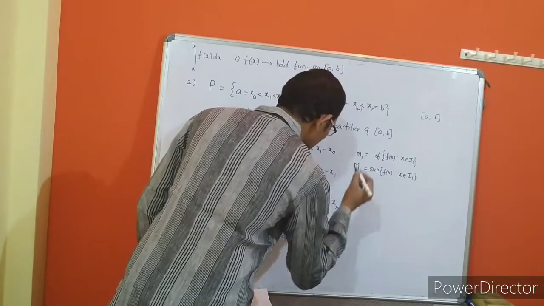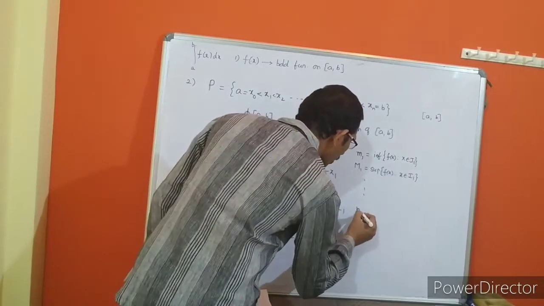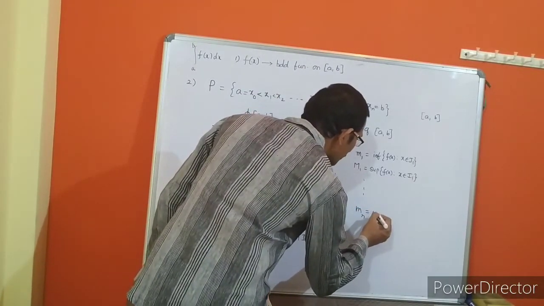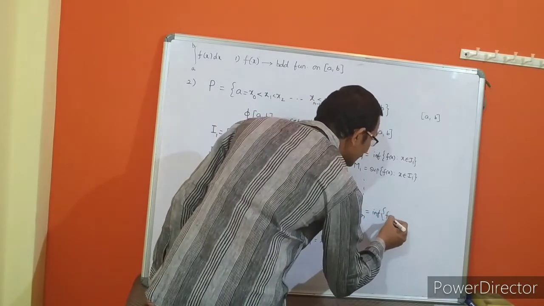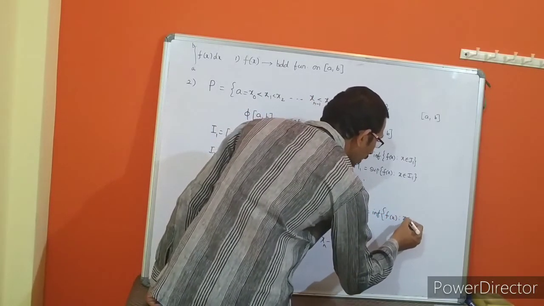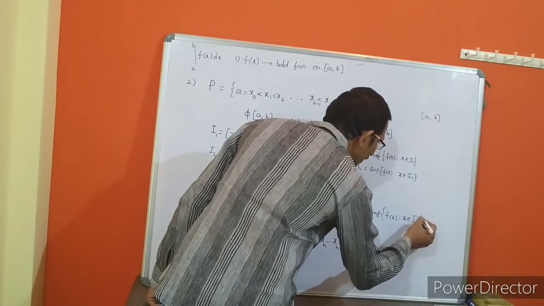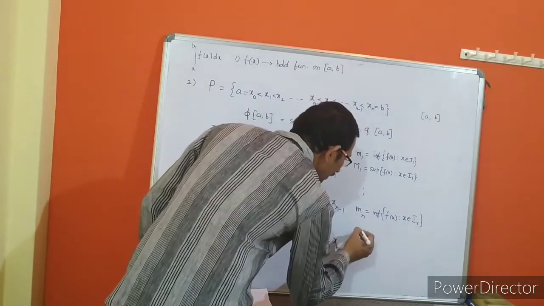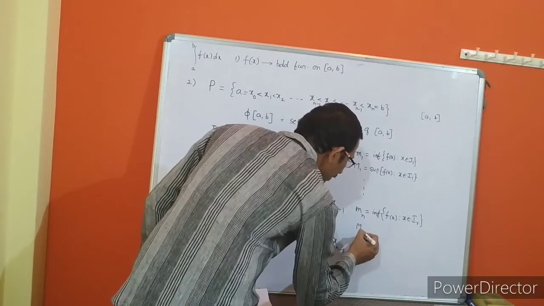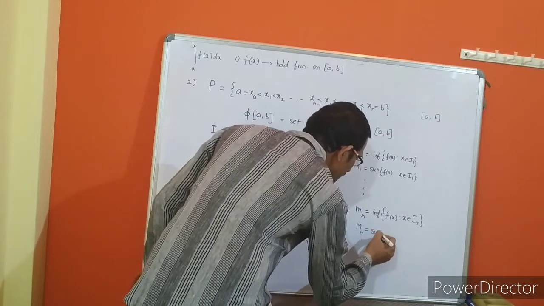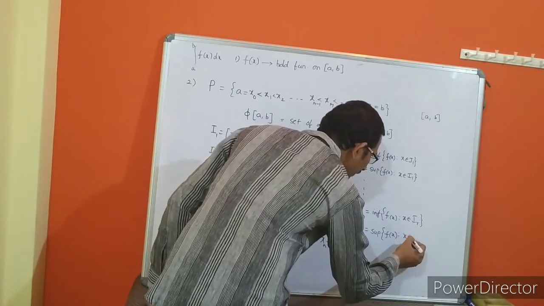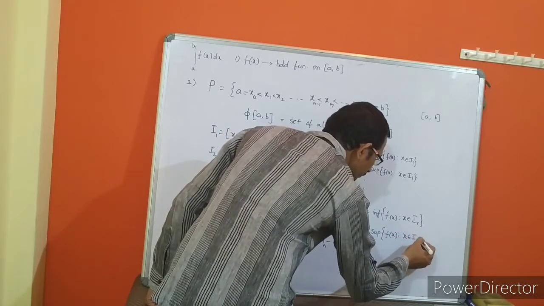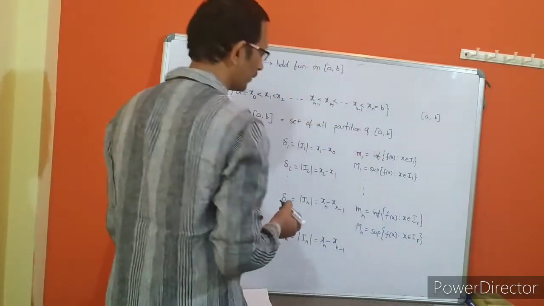In general, small mr is the infimum of f of x on the rth interval, the general interval Ir, and capital Mr is the supremum of this function f of x, x belongs to Ir.